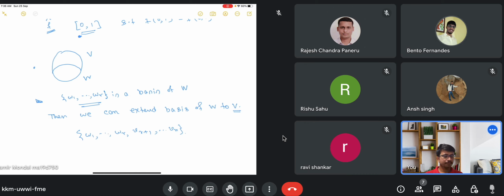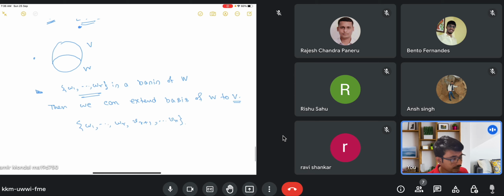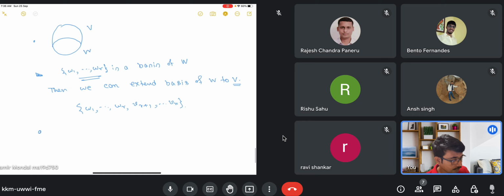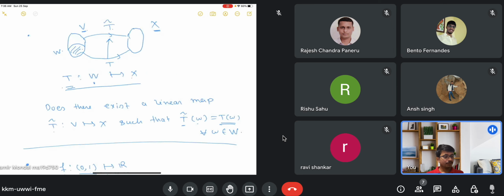This is your one hint, and the next hint is, if we know the image of a linear transformation on a basis, then we are done. So try to use these two statements and try to prove this. My question was, does there exist a linear transformation T tilde from V to X such that T tilde on W and T are the same?